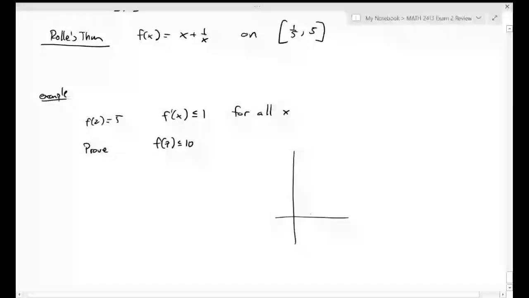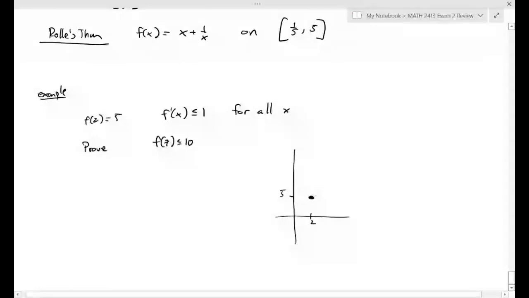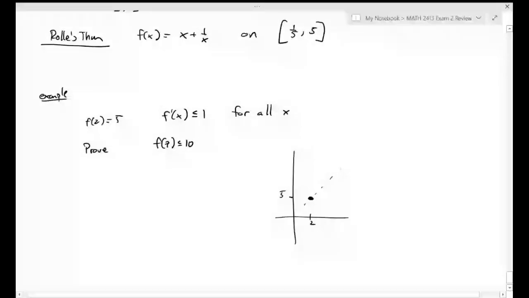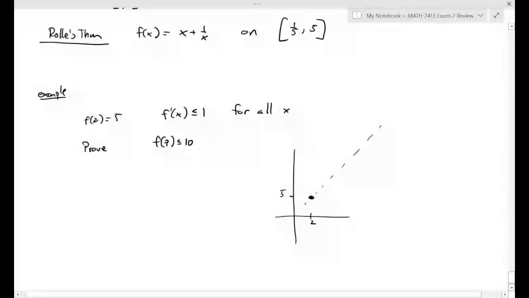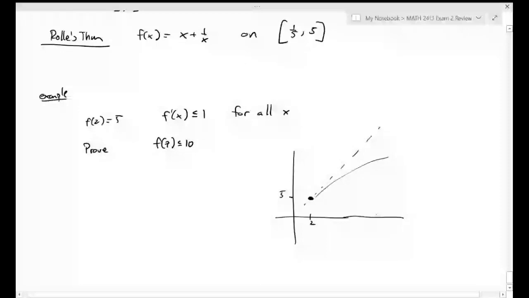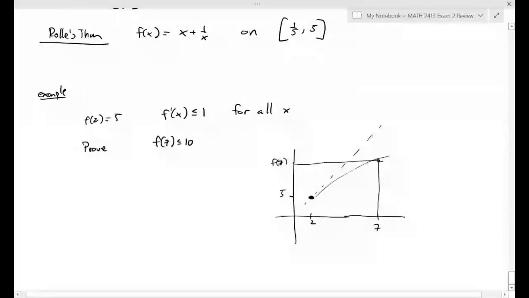At 2, they tell you the function has value 5. And whatever the slope of your function is, it's going to be at most 1. So whatever the graph is, at 7, f of 7 has to be less than what the line would say. The line would say that this would be 10.